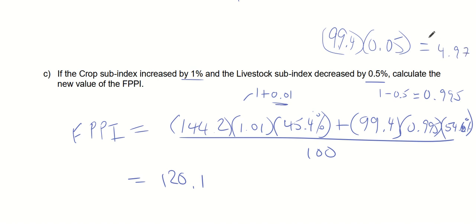So basically, you subtract that number because it's decreasing. So you get 99.4 minus 0.497, and you have 98.9. These two approaches give you the same number.